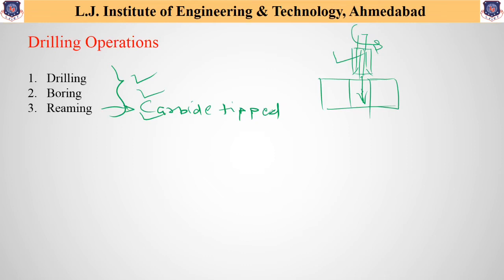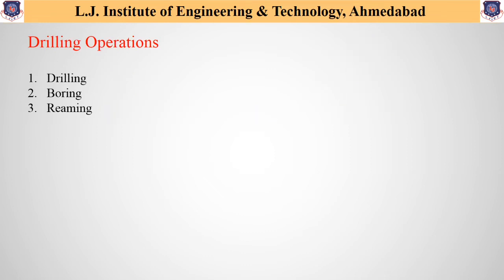Now the next machining operation is counter boring. As we have discussed, in the boring operation an enlarged hole can be obtained in a component, and this enlarged hole is throughout the workpiece.